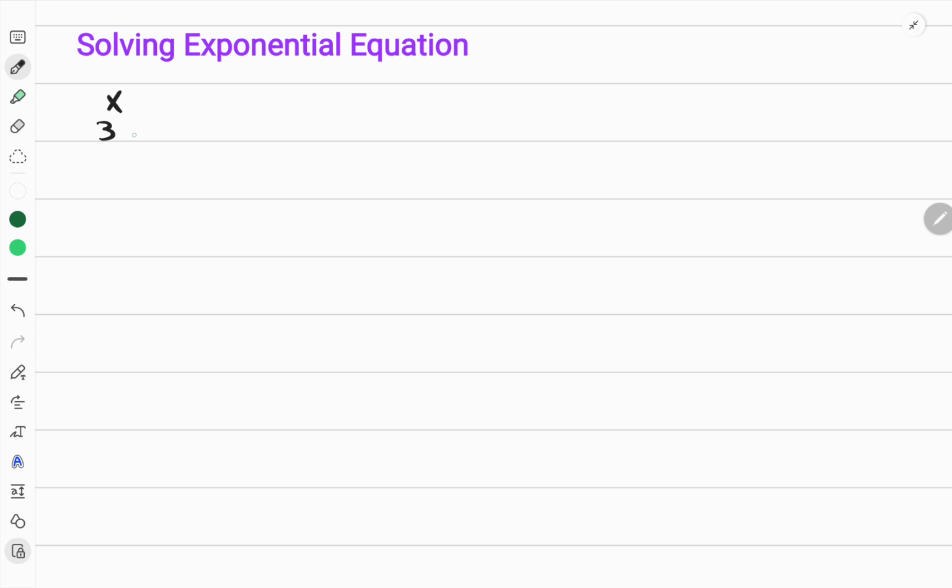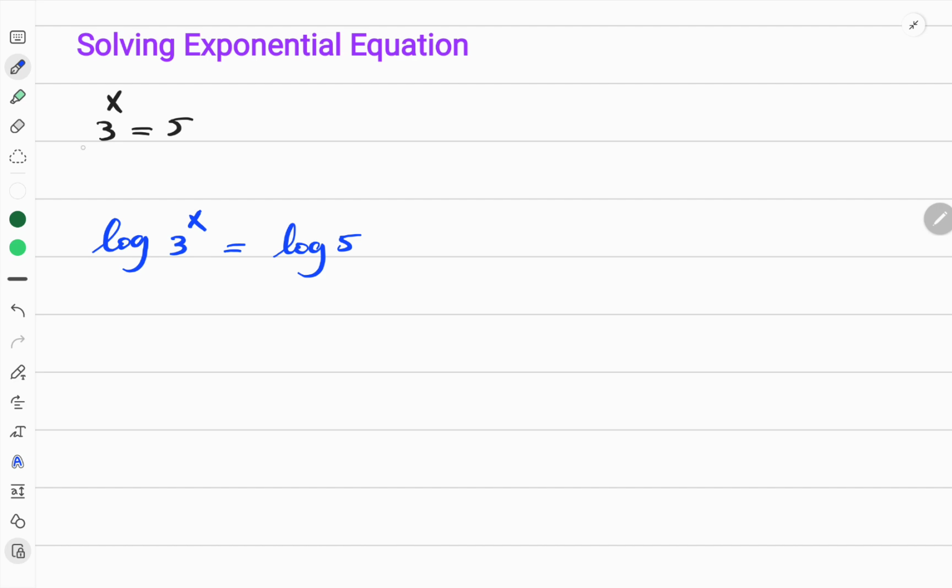3 to the power of x equals 5. In this question, x is the exponent, so for solving this, we should take the log of both sides. So we have log of 3 to the power of x equals log of 5.